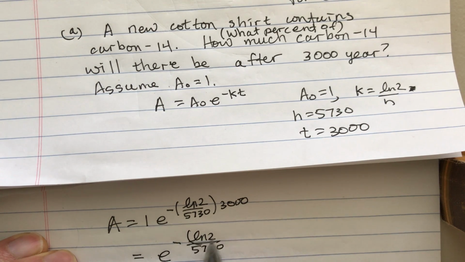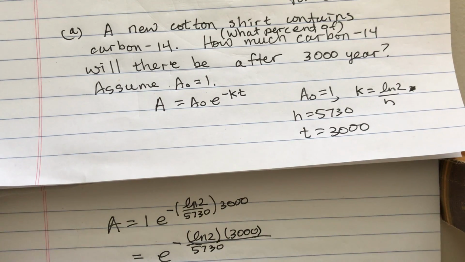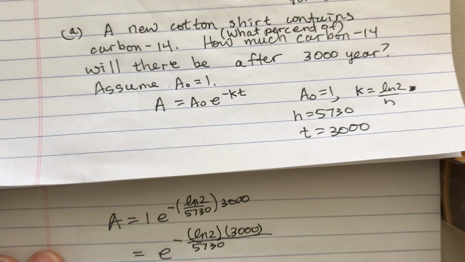Now it's up to me to get this by putting it in the calculator. That doesn't really have a lot of meaning for me right now because I have to figure out what that number is somehow.